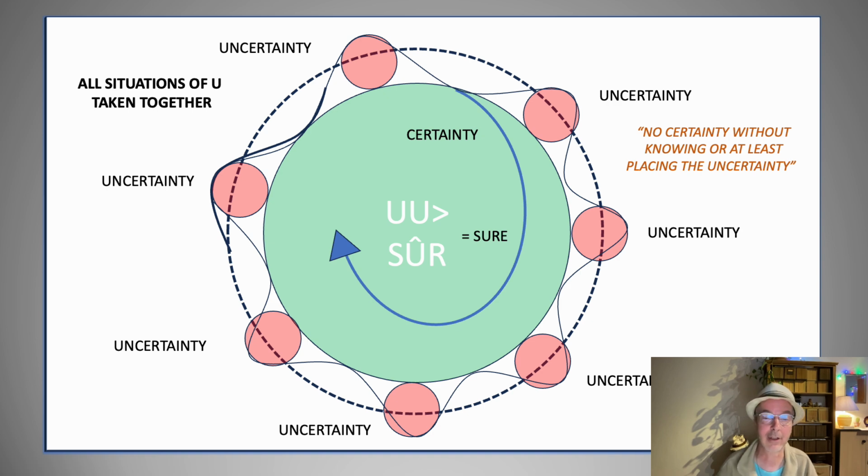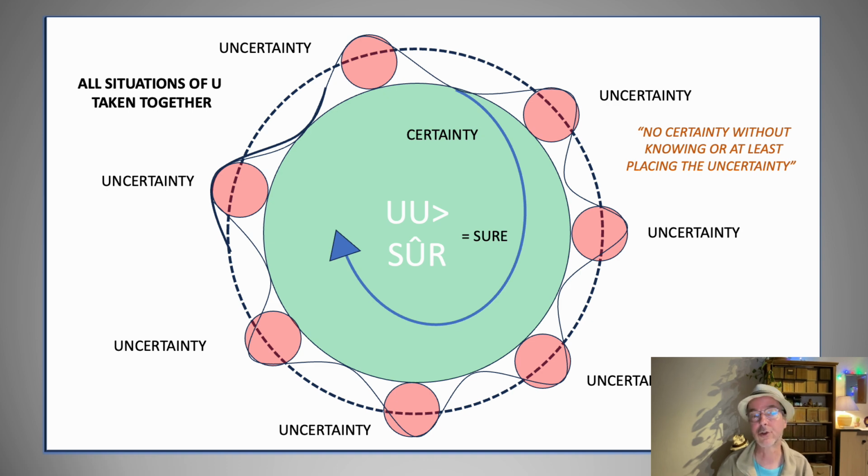It's as if the contradictions are combined in such a way that you're sure that you don't only have the certainty in the middle, but you also have the uncertainty outside, and you leave it there. Then you're absolutely sure. There's no certainty without knowing where the uncertainty lies or where you can place it. Both of them hang together, so that's a good expression. So the word is a very good expression of that aspect.